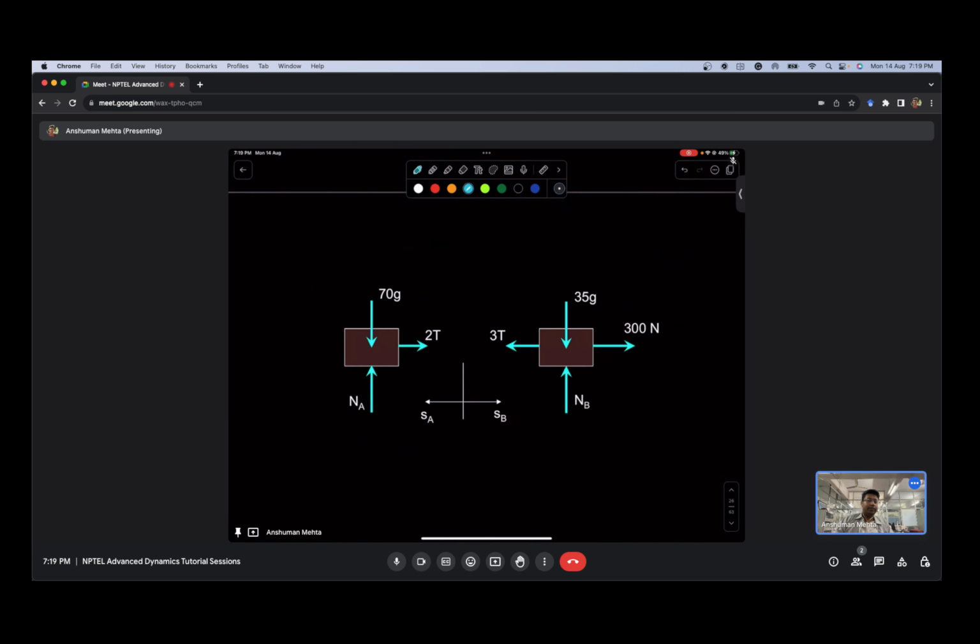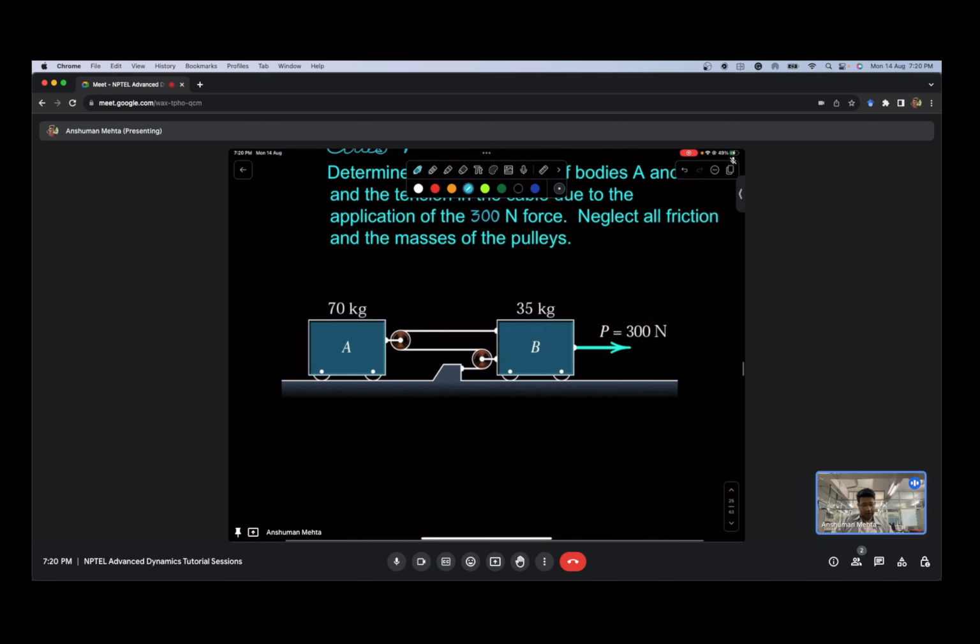So this is our FBD. Before going on, we can first write the relationship: 2 of S of A, like how much A will go, plus 3 of S of B plus C is equal to L, the total length, which corresponds to 2 A of A plus 3 A of B is equal to 0.